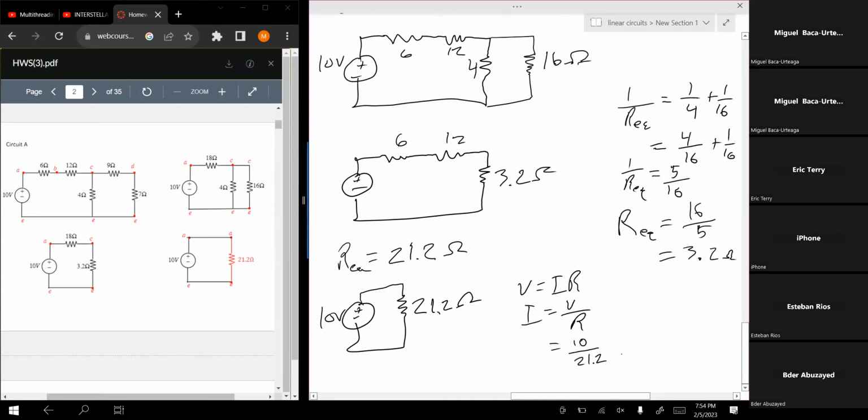Yeah, so your amperage is 0.4717 amps, right? So that's your I. We could actually do some questions later down the line that address just that too, which is pretty cool.